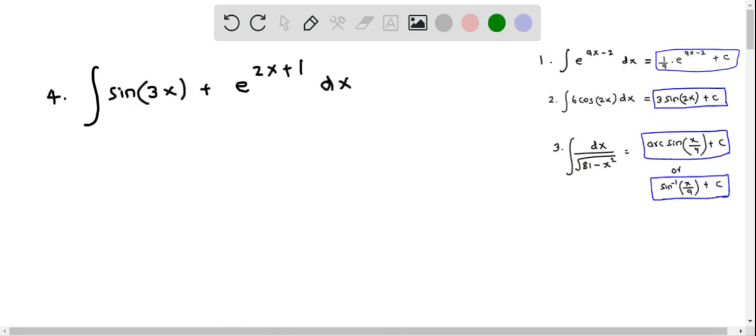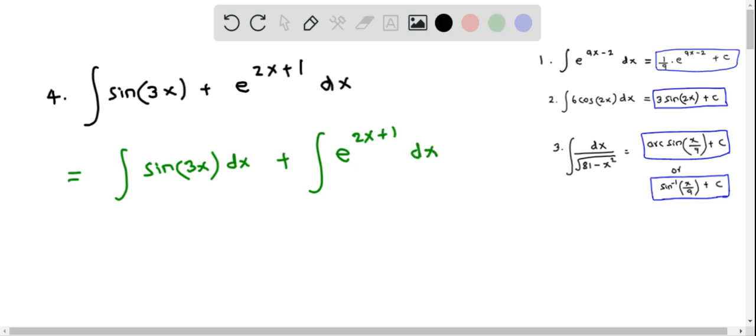Let's integrate this expression. That is, we have to integrate sine of 3x plus e raised to the power of 2x plus 1 dx. So first I'm going to rewrite this as integral of two terms, that is we have to integrate sine of 3x dx, plus we will also have to integrate e raised to the power of 2x plus 1 dx.